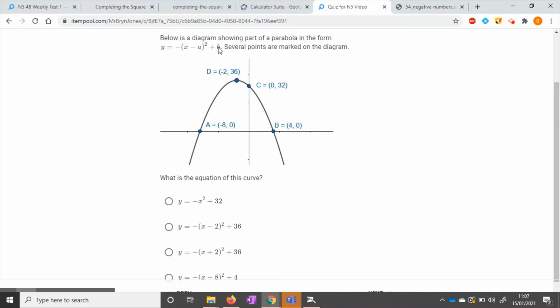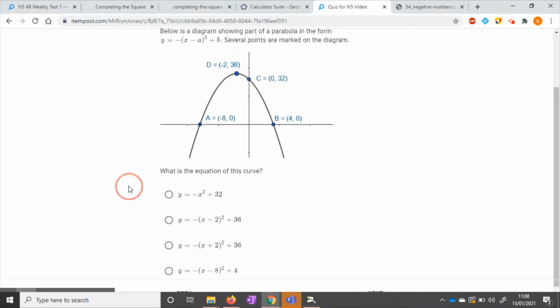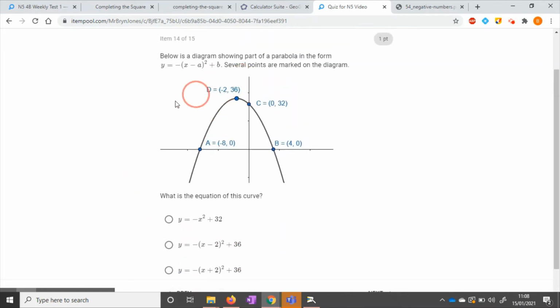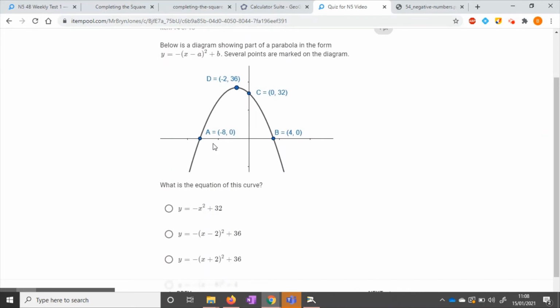36 is going to be what B is. So let's have a look at our answers. There's only 2 possible answers here that we're interested in, plus 36. And the only question now is it plus 2 or minus 2? Well, let's have a look.